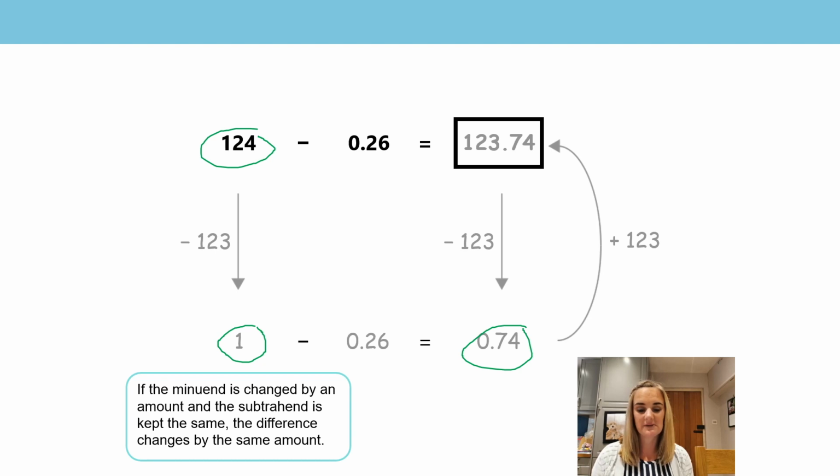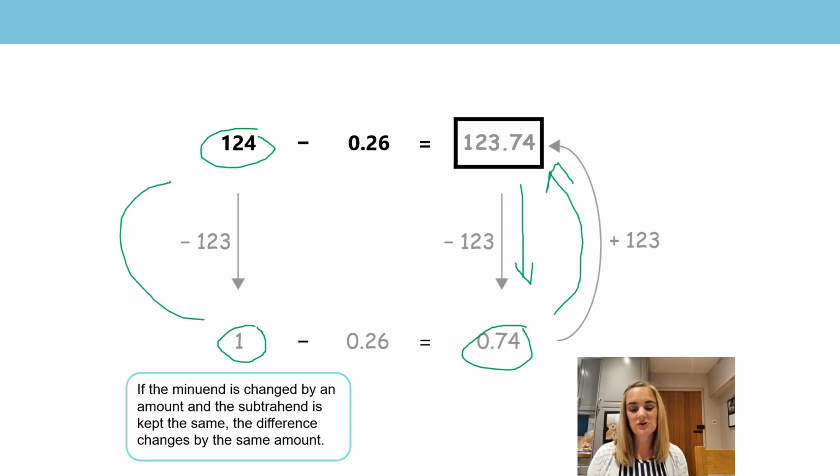So if we're going from this calculation to this calculation, we are decreasing by 123. So if I want to go back the other way, we need to increase by 123. And we don't need to do it this way because it's already been filled in for us, but we can also see that that also increases by 123, just as a way of making sure we understand that structure.